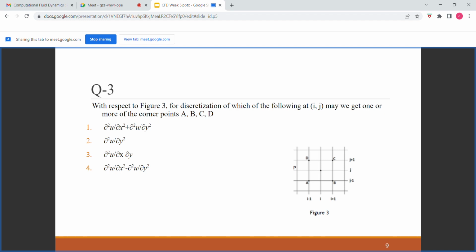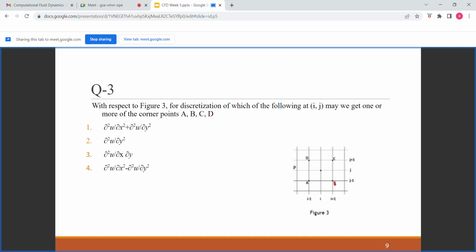So, for discretization of which of the following do we get one or more of the corner points? There are 4 discretization options given, out of which we should identify which include the points A, B, C, D. That is (i plus 1, j minus 1), (i minus 1, j minus 1), (i minus 1, j plus 1), (i plus 1, j plus 1).